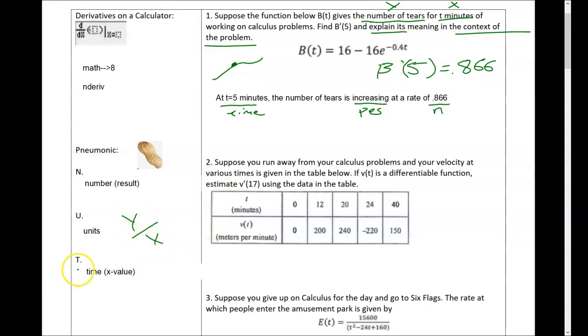So here, we're talking about tiers per minute. So here's my interpretation. I have number, units, time. I'm going to check that I have all 3. And I do, right? So I have t equals 5, my number 0.866, and then my units is tiers per minute.